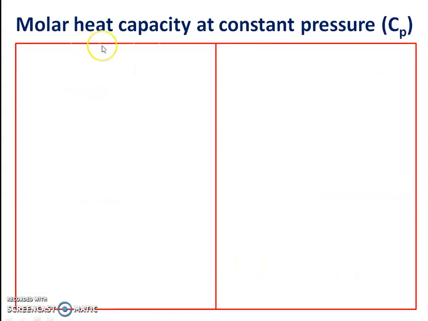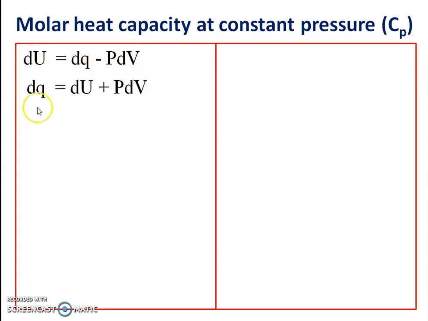Now the next term is molar heat capacity at constant pressure. Again, according to the first law of thermodynamics, for an infinitesimally small change, dU is equal to dq minus P dV. By rearranging terms, we get dq is equal to dU plus P dV.